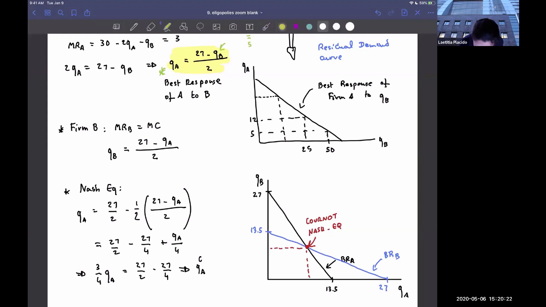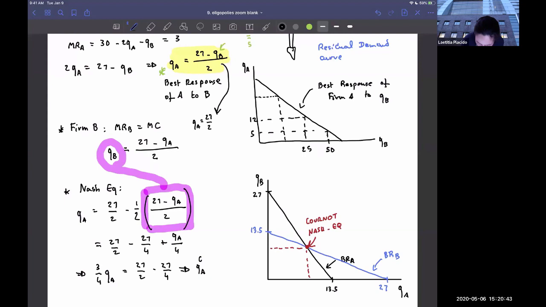Let me rewrite that. If you look at QA, QA can be rewritten as 27/2 minus 1/2 QB. Okay, got it. Thank you. Okay, great.